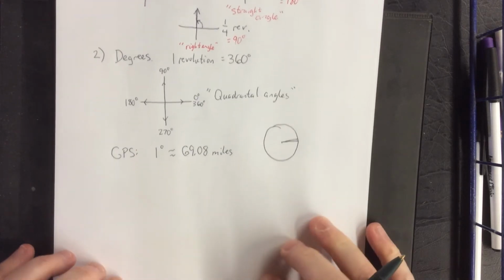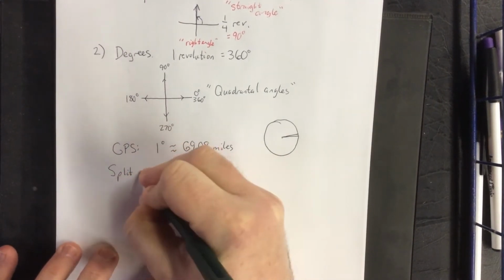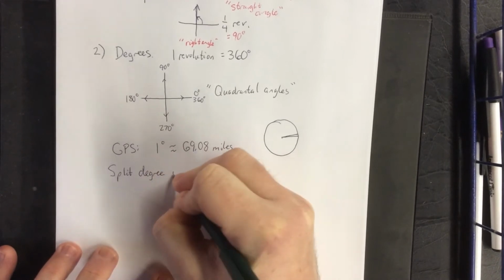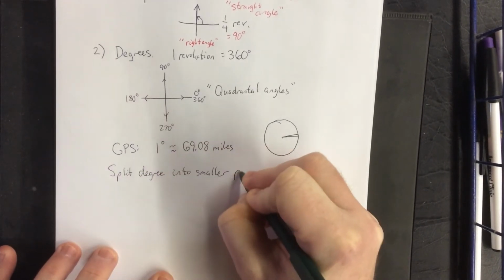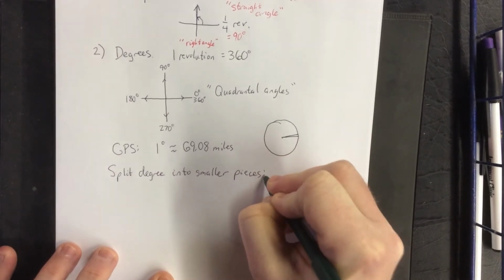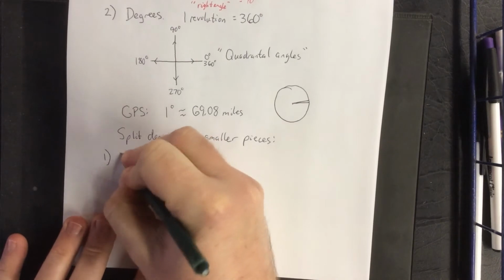It is for this purpose that we actually split a degree into smaller pieces. And there are 2 ways that we do it. One of the ways is referred to as degree decimal.